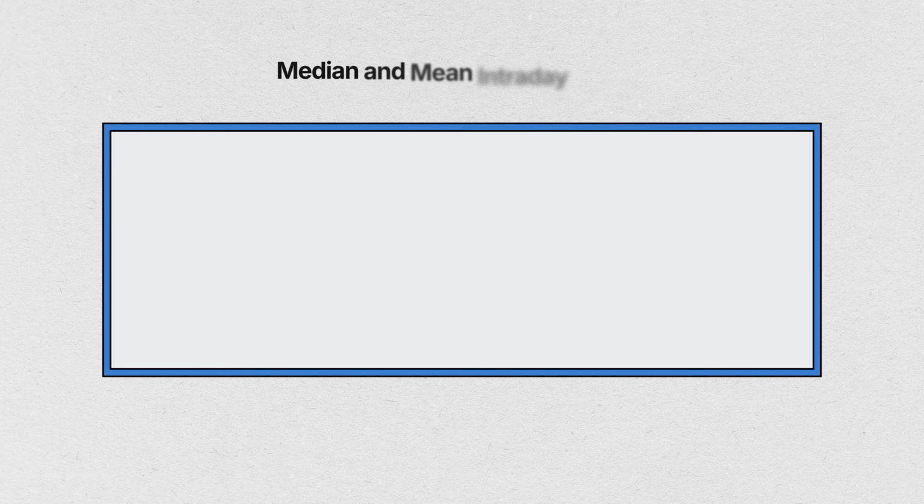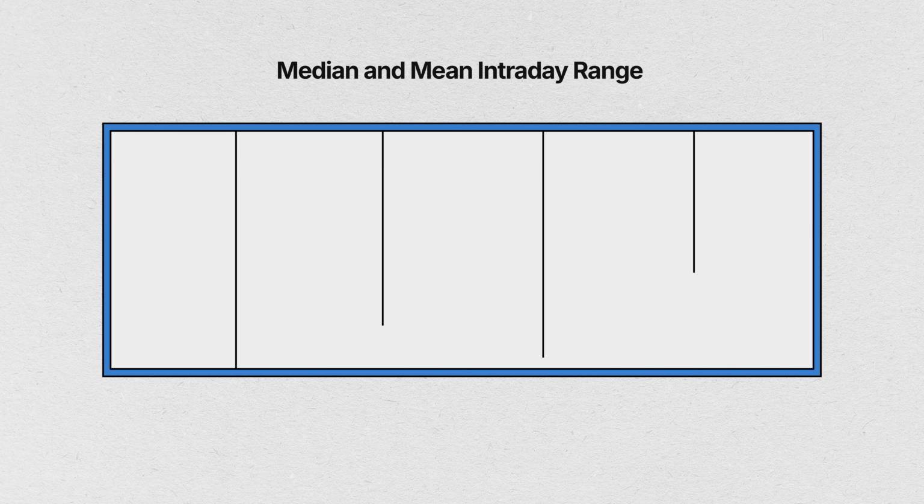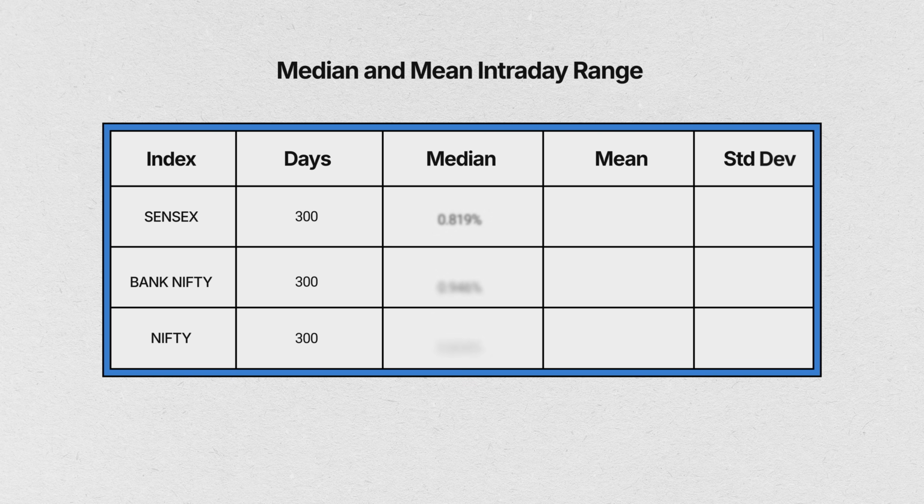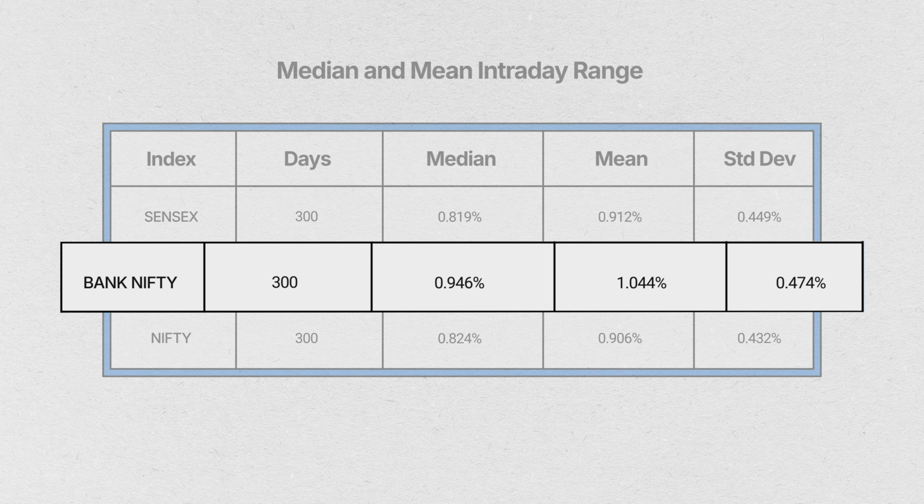This value, when looked at as a percentage of, say, open, gives you an idea of how volatile an instrument is. To give you an idea, here's the median and mean intraday range as a percentage of open for Sensex, Bank Nifty, and Nifty. What this means is, if you are looking for large moves, Bank Nifty offers better opportunities than both Nifty and Sensex.